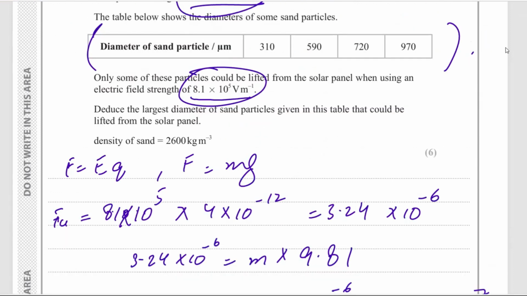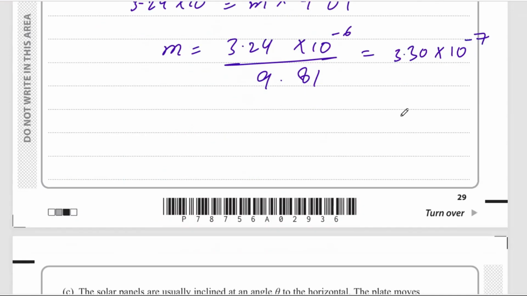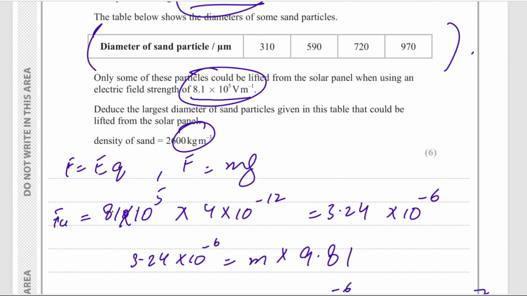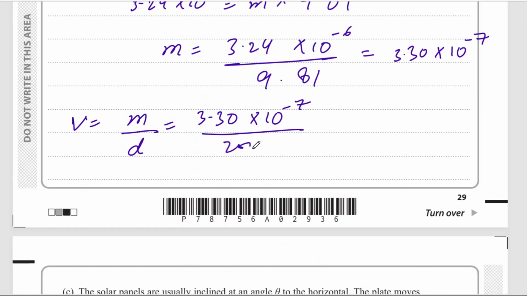Once you've got the mass, with the help of density, which is 2600, you can calculate the volume. Density is equal to mass upon volume, so volume has to be mass upon density. Mass is 3.30 times 10 to the power of negative 7, and the density is 2600. So by dividing them down, you'll get the volume, and that is 1.27 times 10 to the power of negative 10.